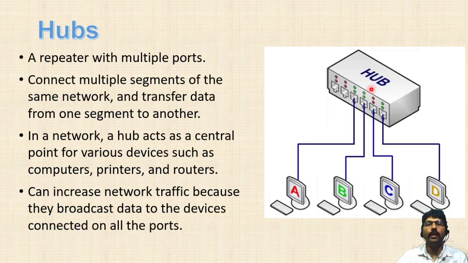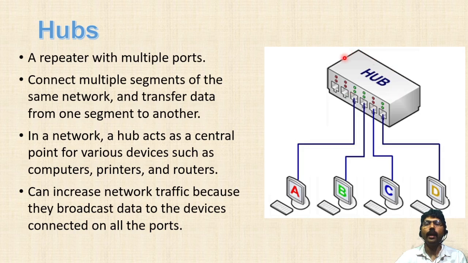The next device is called a hub. These are also repeaters, but they contain multiple ports. They connect multiple segments of the same network and transfer data from one segment to another.